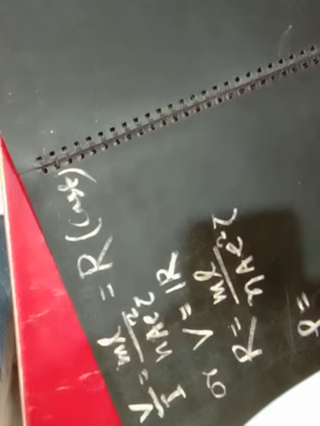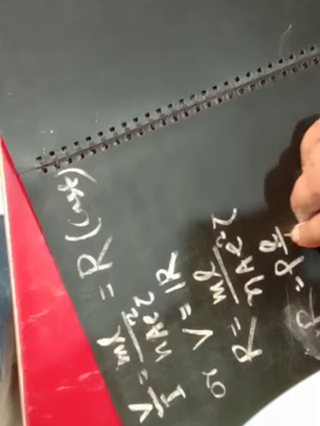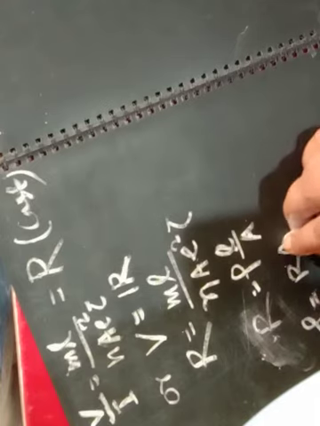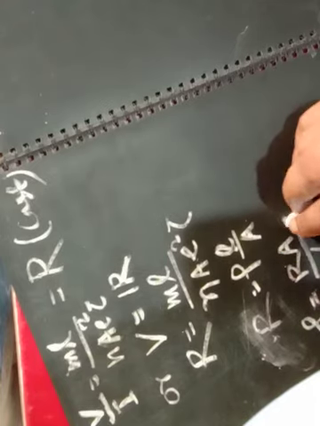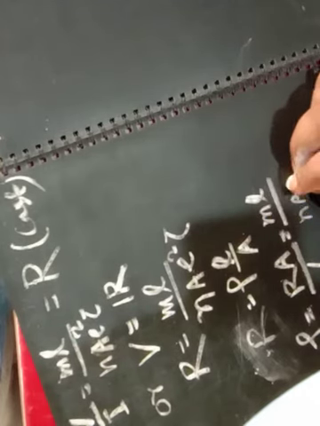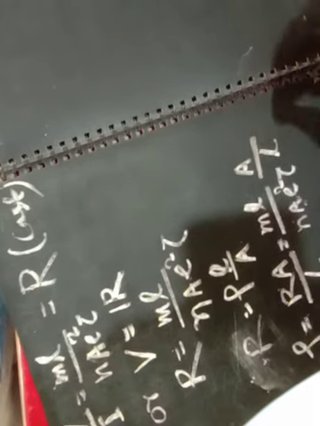R equal to rho L upon A. So what will be the resistivity? Because you know R equal to rho L upon A, so rho equals RA upon L. This is equal to, with R equal to ml by n A e square into relaxation time, R goes up, A comes down, L gets cancelled, then A also gets cancelled, and the remaining is m by n e square into relaxation time.